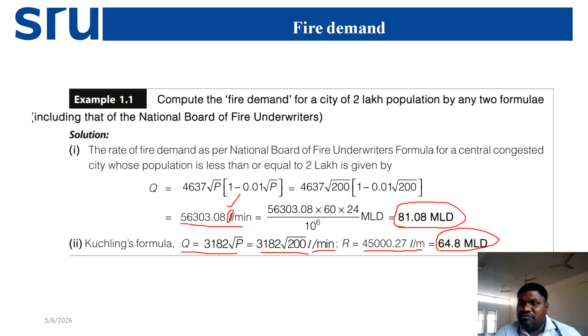But how can we take water? Before taking the water, we need to analyze it in terms of physical, chemical, and biological characterization. If we know this characterization, then we can put in a proper treatment unit so that the water is free of contaminants, and we can supply it to the community.